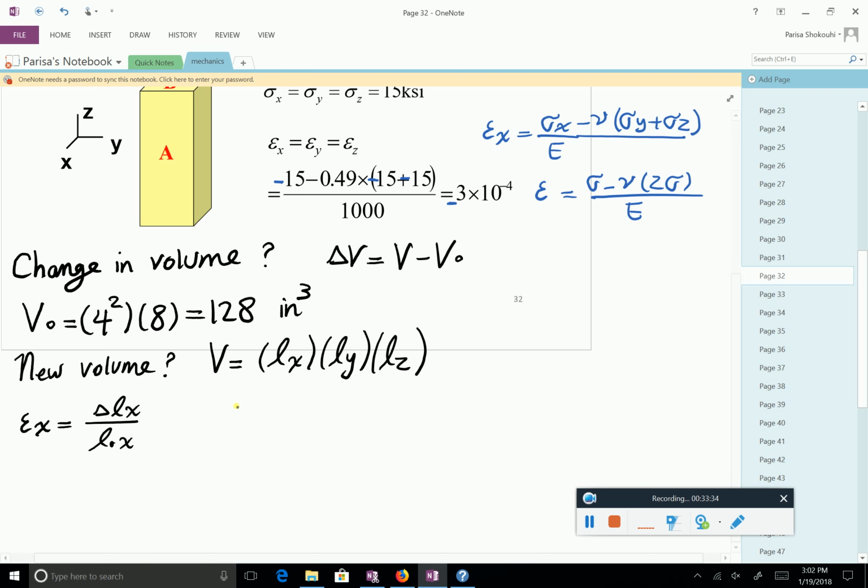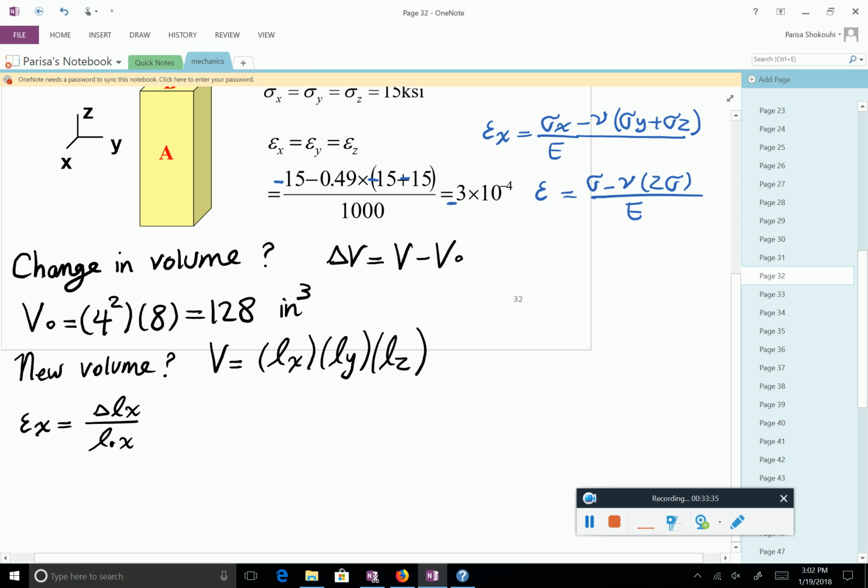So if you want to see how much each side has changed, in this case in the x and y direction it's the same, and you just have to multiply the original length, which is 4 inches, by the epsilon, which is the same for all of them.